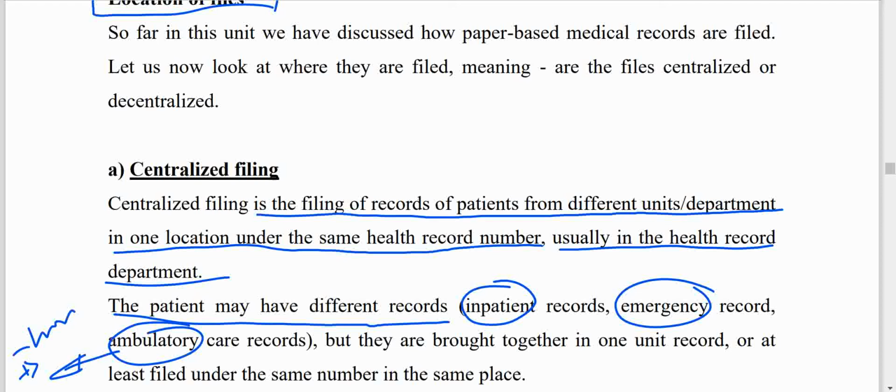So file locations can either be a centralized location or a decentralized location. So we may have files centralized, or we may have files decentralized.